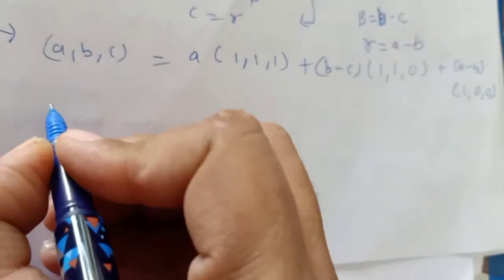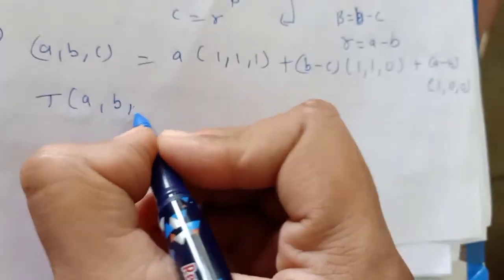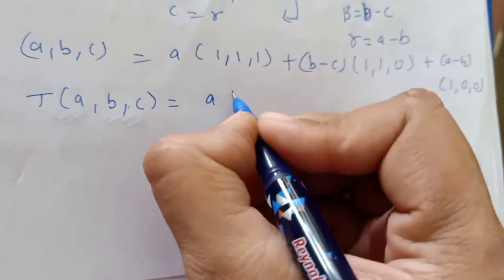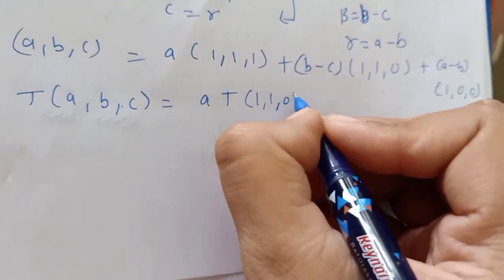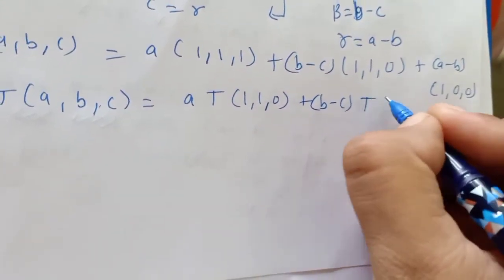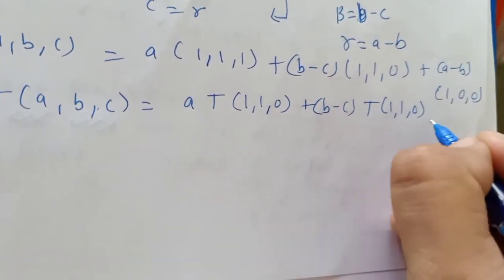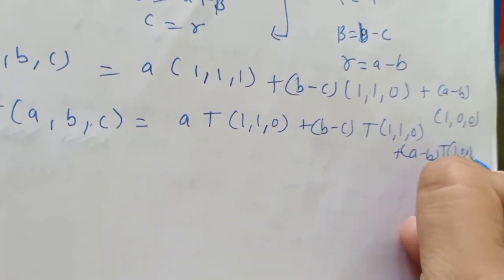So let us take T on both sides. So T of (a, b, c) will be a times T of (1,1,1), where this a is coming out due to the definition of linear transformation, plus b minus c times T of (1,1,0), plus a minus b times T of (1,0,0).